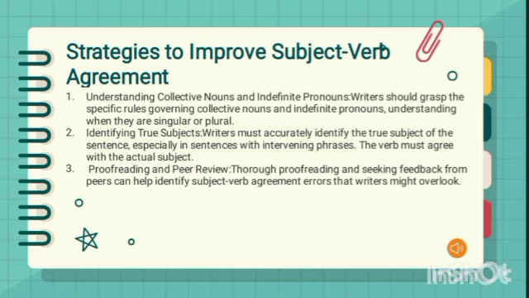Next, strategies to ensure subject-verb agreement. 1. Understanding collective nouns and indefinite pronouns. Writers should grasp the specific rules governing collective nouns and indefinite pronouns, understanding when they are singular or plural. 2.